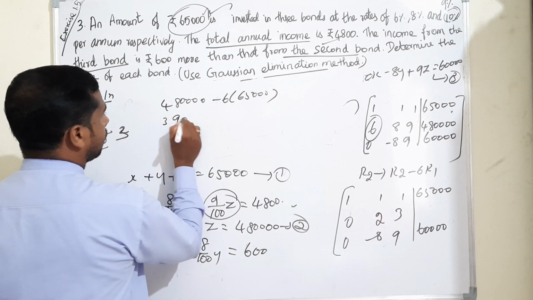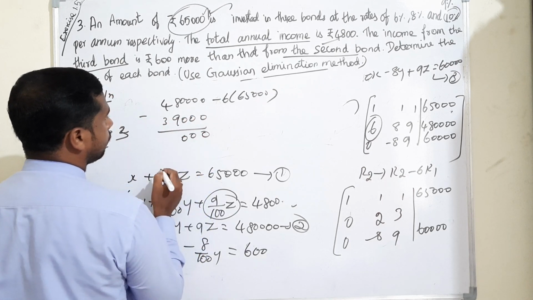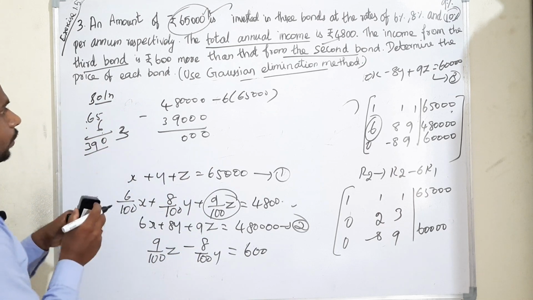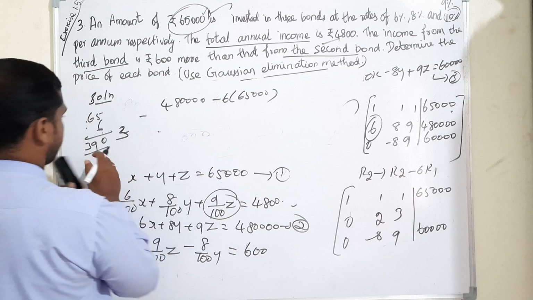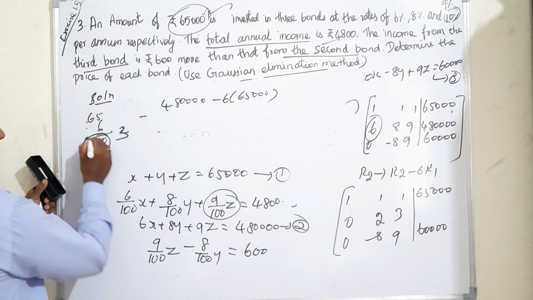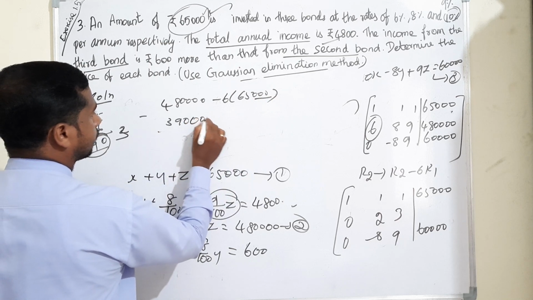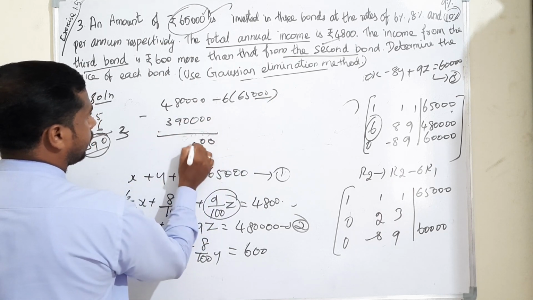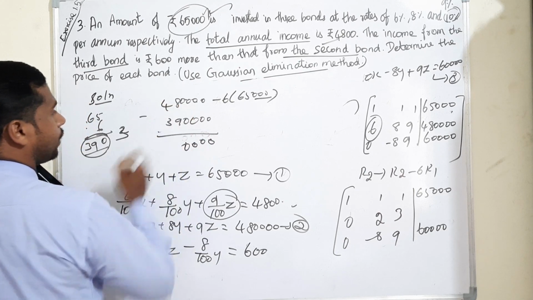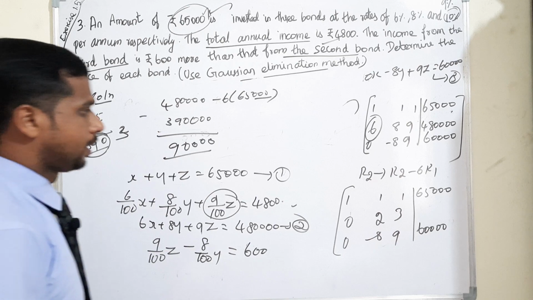So 390,000. Minus means what will happen? 0, 0, 0. Look very clearly, 390 is there, then add, already we have three 0s there. Now 0 minus 0, 0 minus 0, 0 minus 0. 48 minus 39 means 9 will come. So 90,000, isn't it?